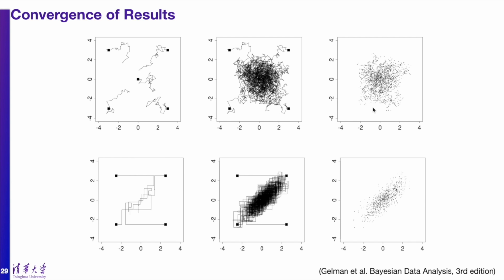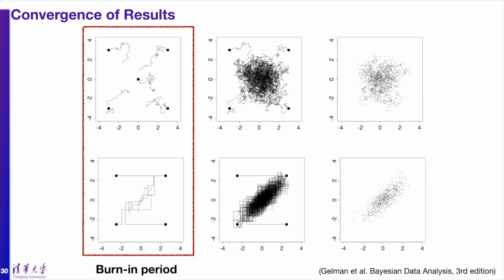That is the convergence of the MCMC results. But we may also notice that from the start to a certain time period, the trajectories by different starting points still differ from each other. Only after some certain iterations, for example, like 10,000 iterations, the trajectories can be converged.